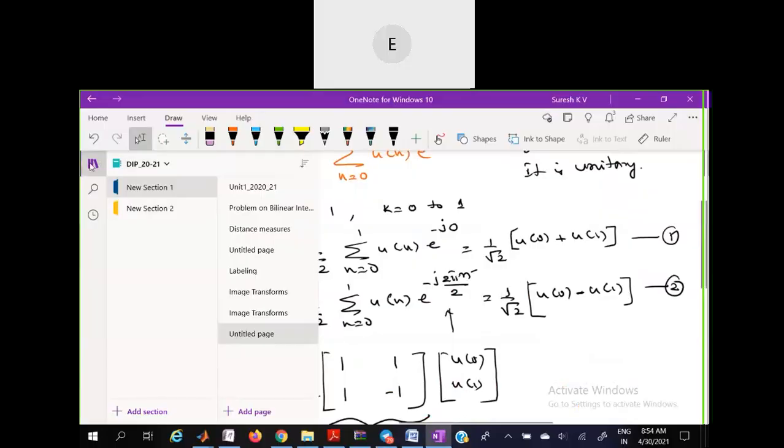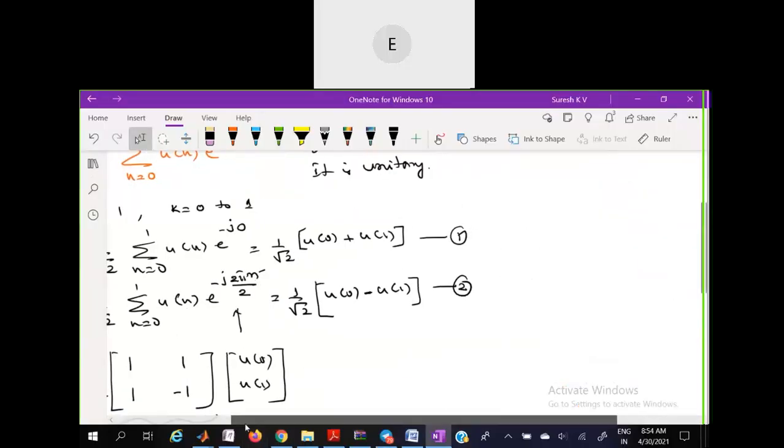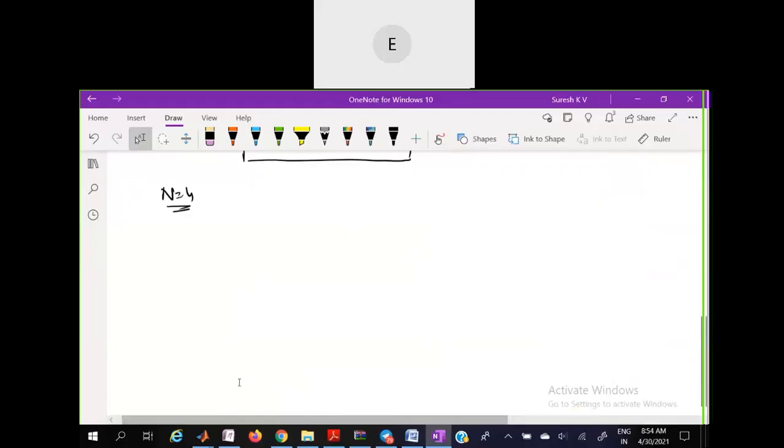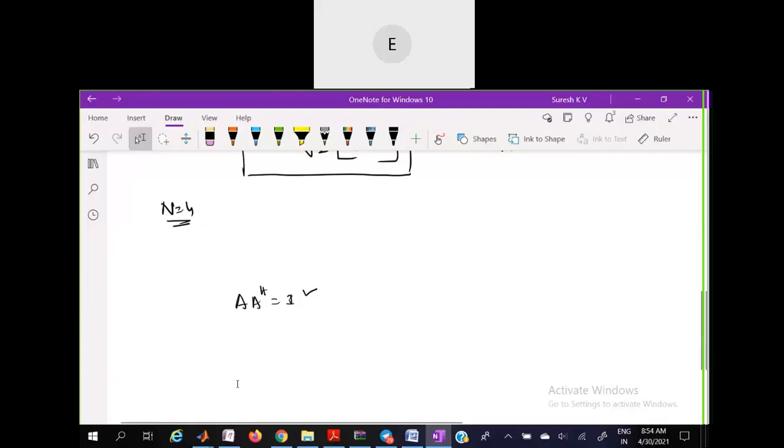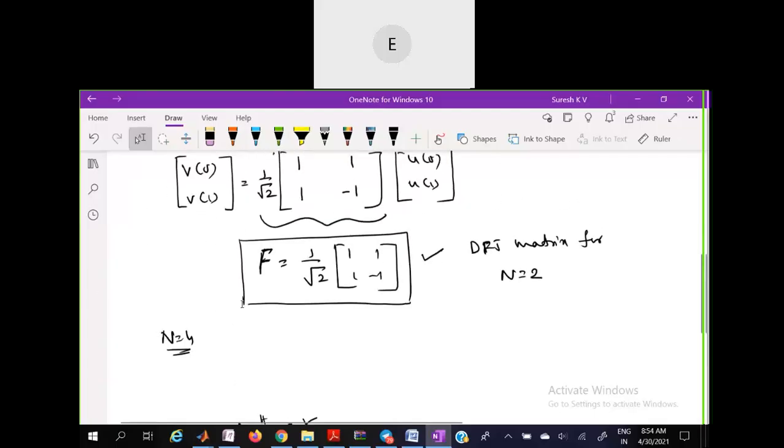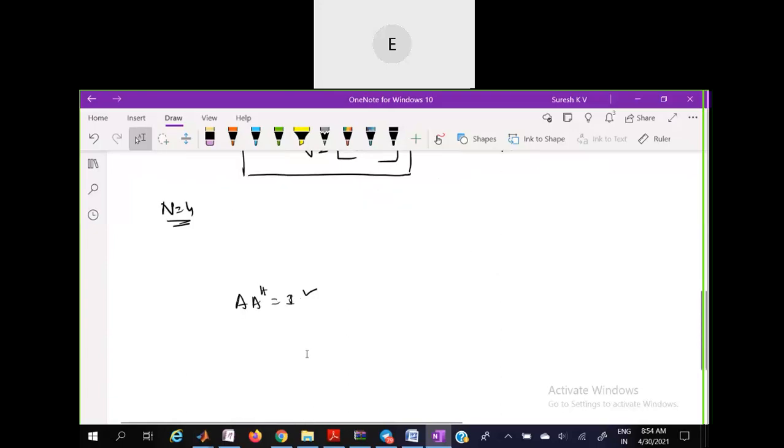So what you mean by verifying is, you have to just use this equation. Let me just write it. Verification means A into A Hermitian has to be equal to identity. This has to be verified. That's all. Okay. So for n is equal to 4, please find this matrix. You'll get a 4 cross 4 matrix, and you have already done it in DSP course, except that the constant will be slightly different.